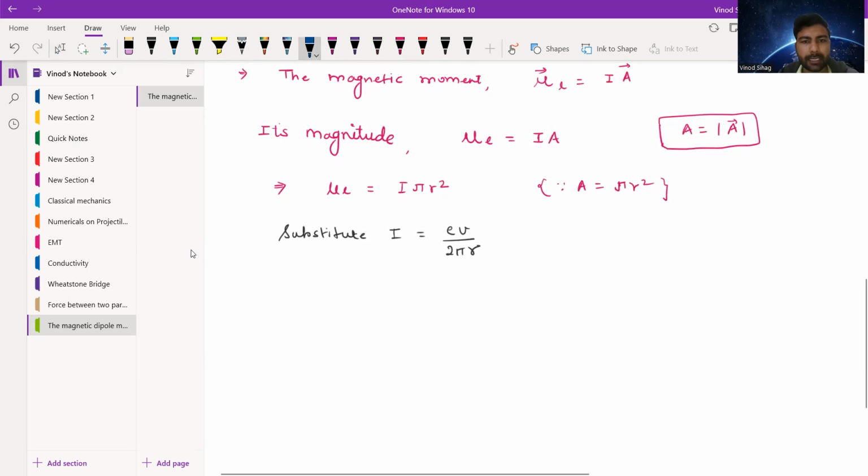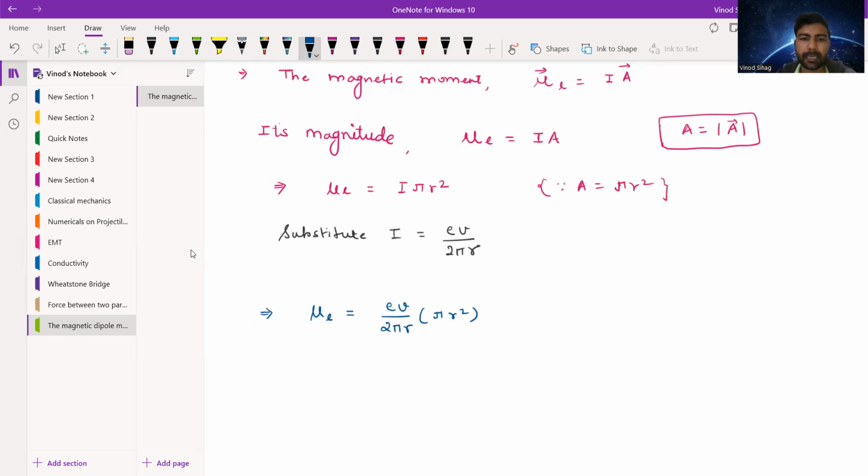Our equation will become mu L equals to, in place of I, EV upon 2 pi r, and here it is multiplied with pi r square.